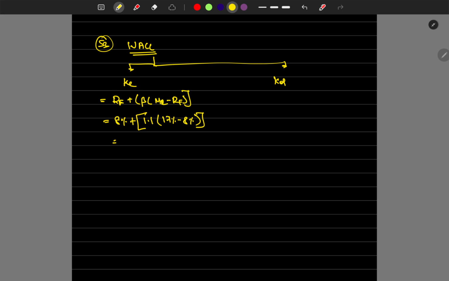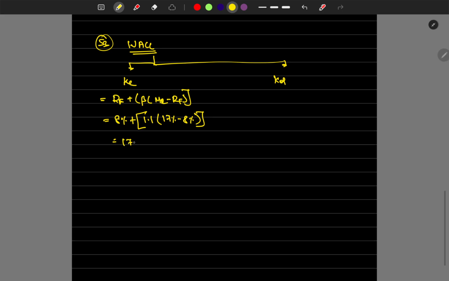So 1.1 into 17 minus 8 plus 8%, which is 17.9% is the cost of capital.